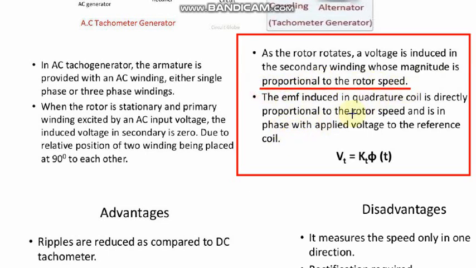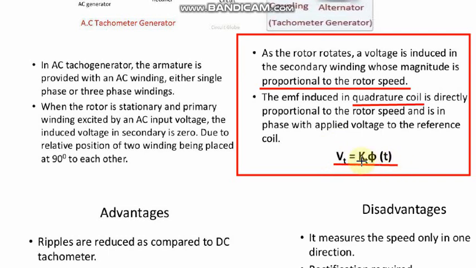And what is the EMF induced in the quadrature coil? Why is it called a quadrature coil? Because the two coils are at 90 degree angle in the standstill position, and if there is rotation, then the angle will change, and that rotation will generate the EMF induced in the coil.